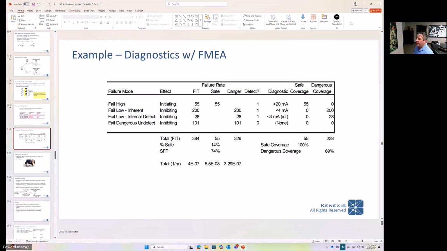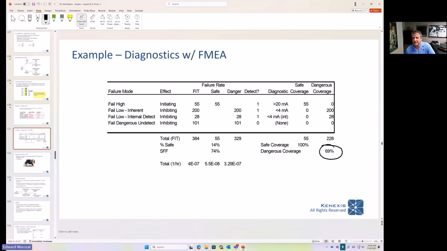Now, here's the rub. Right now, I'm saying that my transmitter has a 69% diagnostic coverage just using its internal diagnostics. Well, how would this number change if I used a comparison between my SIS transmitter and the BPCS transmitter?